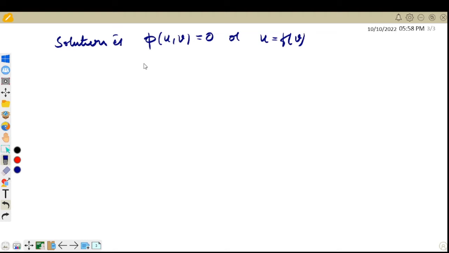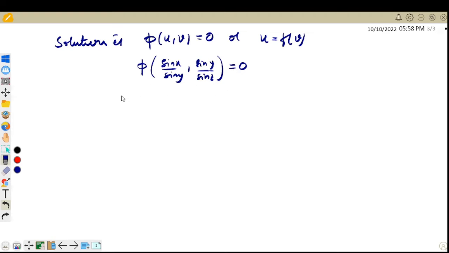So I will write the first one, that is phi of u is sin x by sin y, and this is sin y by sin z, is equal to 0. So this is the solution.